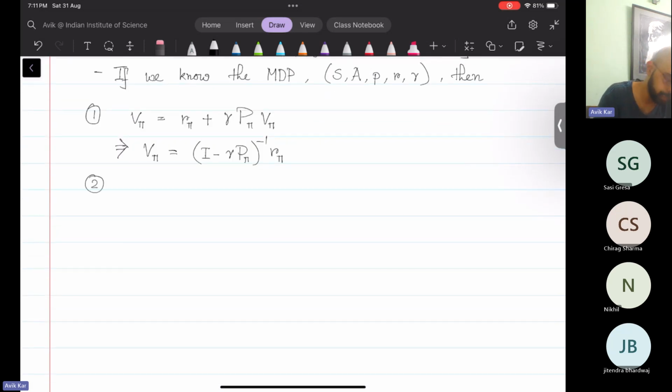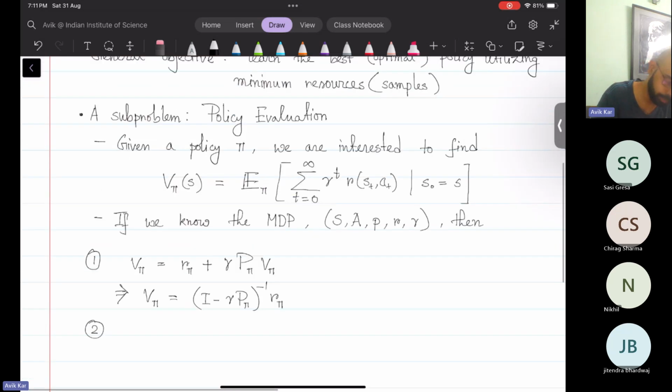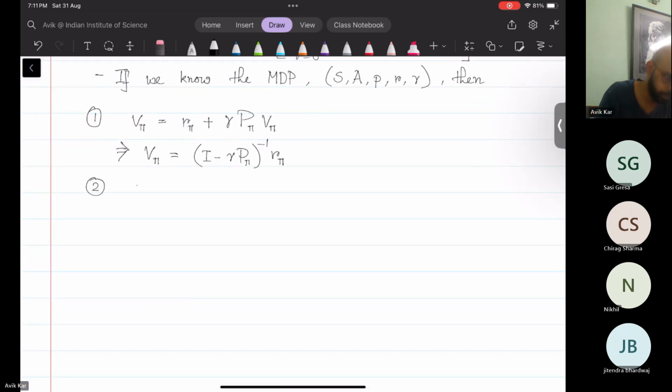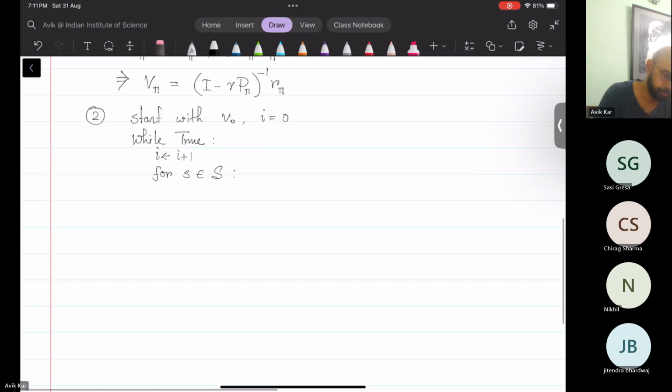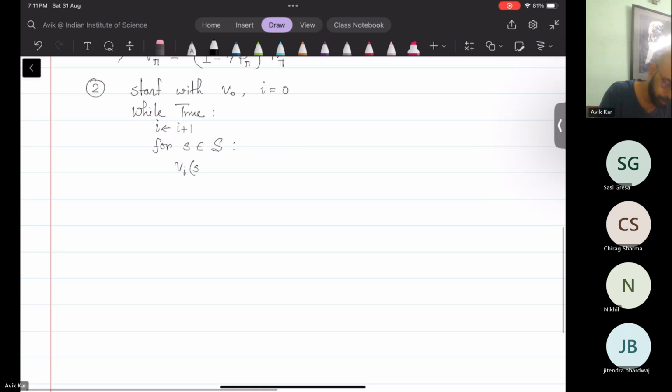The second method we discussed is the iterative method, where you start with V0 and i equals 0. While true, increment i, and for every s in the state space, you update V_i of s equals r of s, pi of s plus gamma times the expected V_{i-1} of the next state.